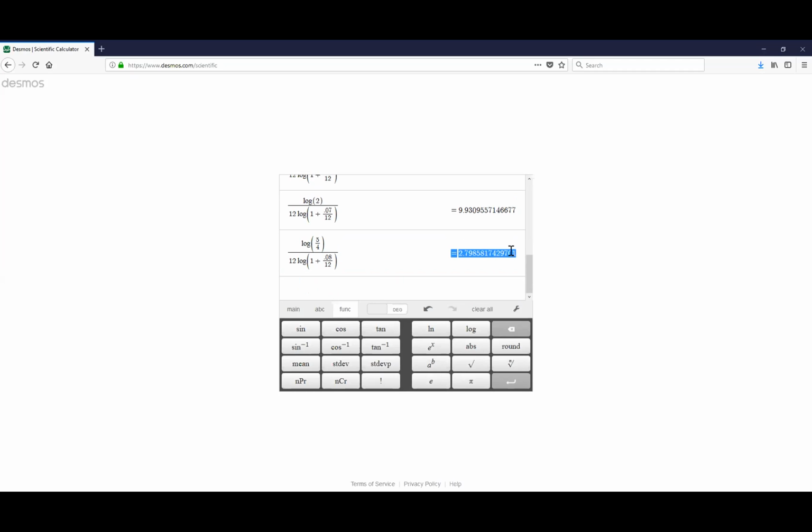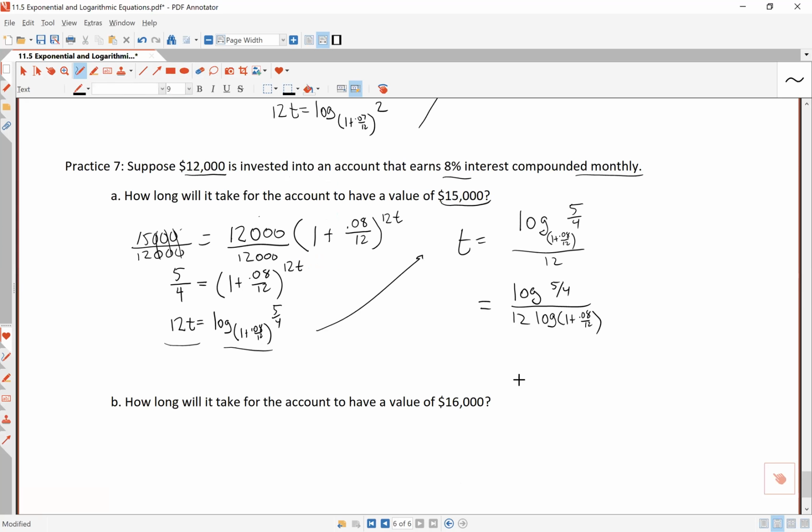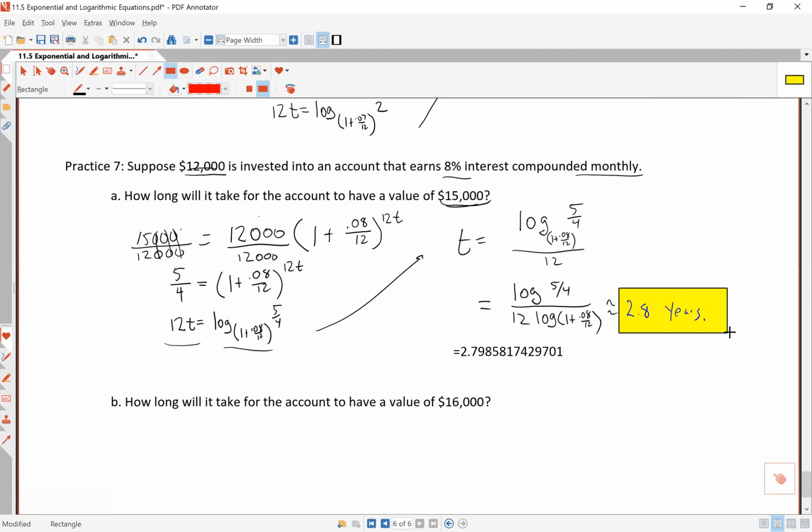So this is around 2.8 years. But the 12,000 to 15,000, that's not a very big growth. So that's why it's such a short period of time, 2.8 years.